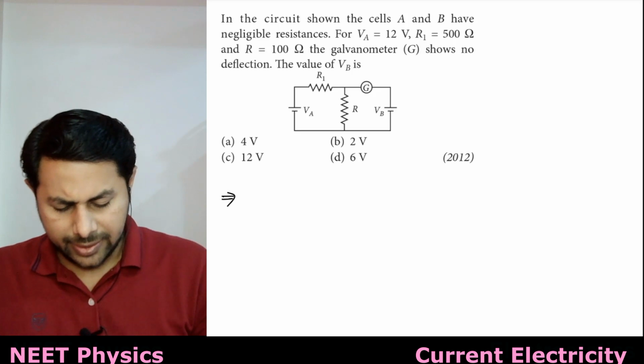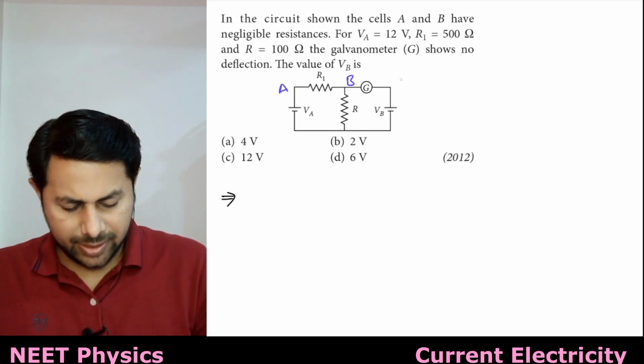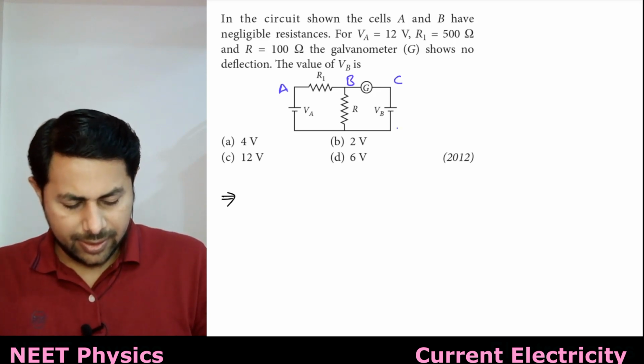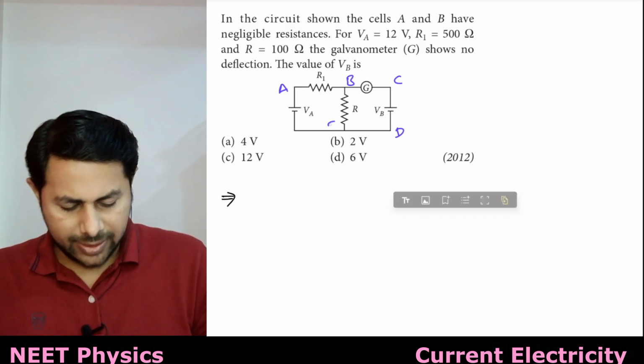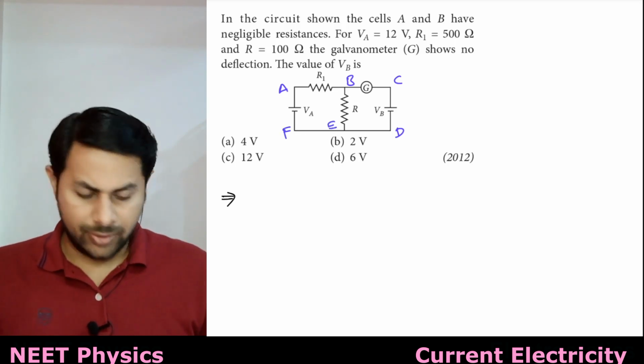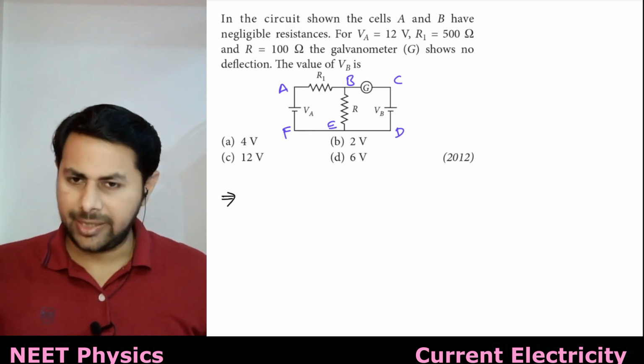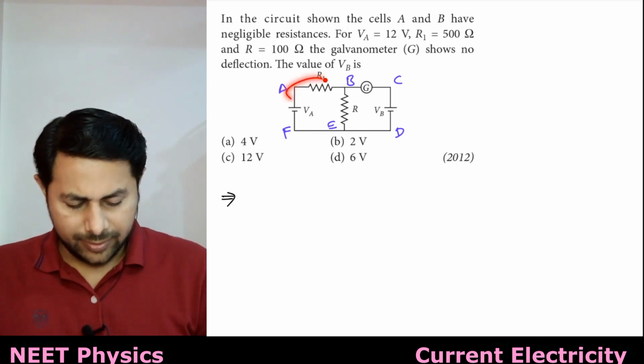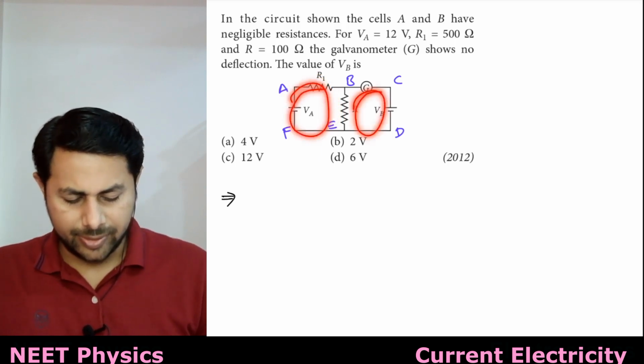Again, let's write this as A, B, C, D. This point is E, then F. So A, B, C, D, E, F, A. Then let's apply Kirchhoff's loop law in this loop and this loop.